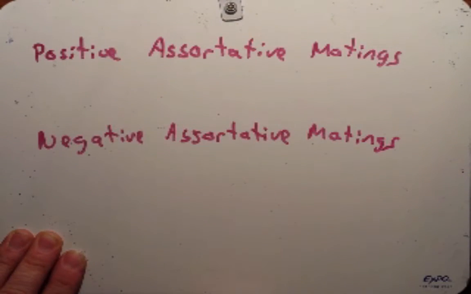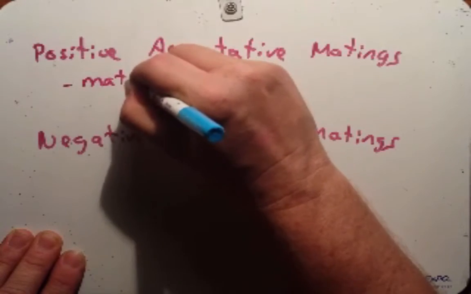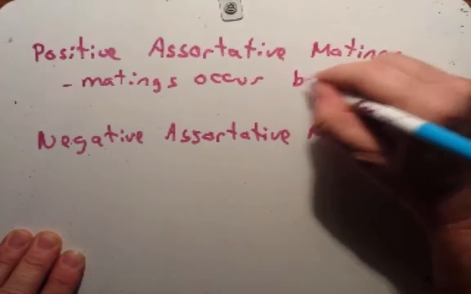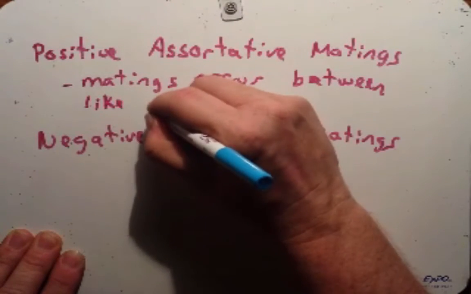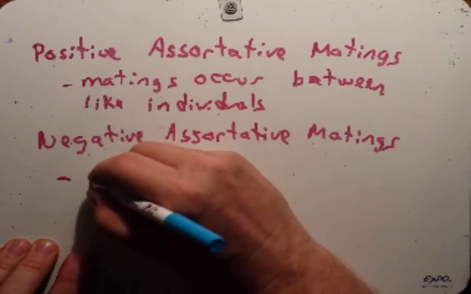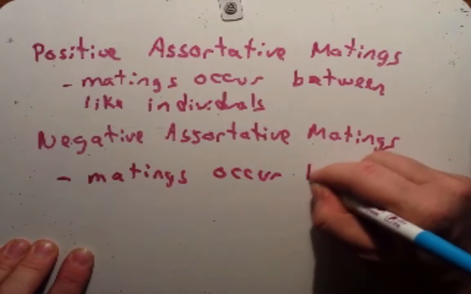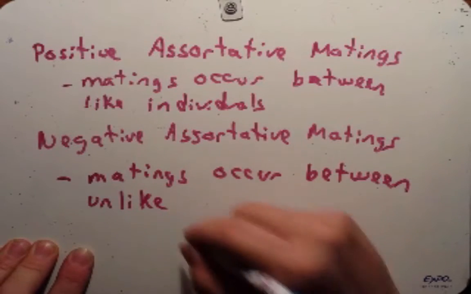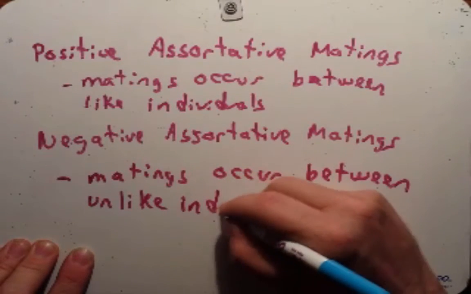The positive assortative matings is when matings occur between like individuals. Negative assortative matings means that matings occur between unlike individuals. They're still the same species, but they differ in certain traits.